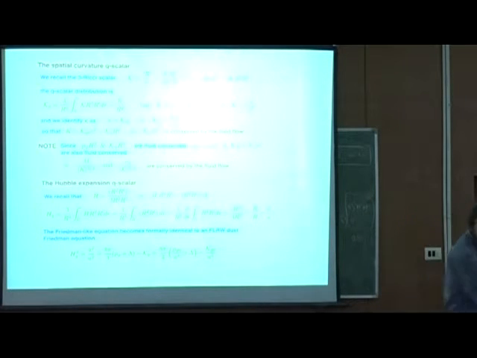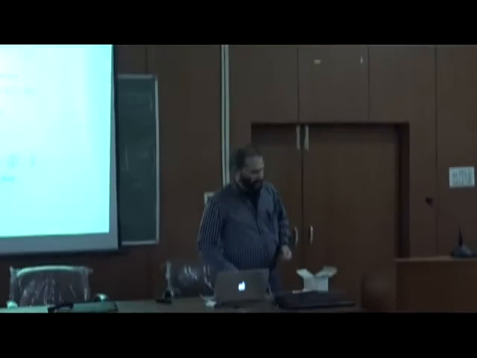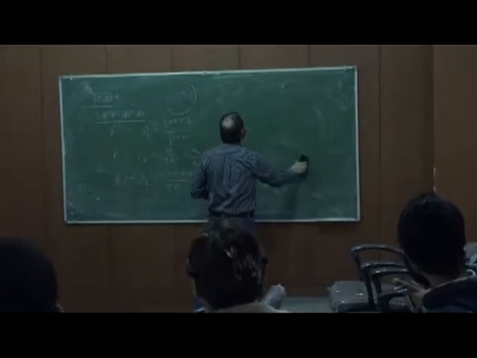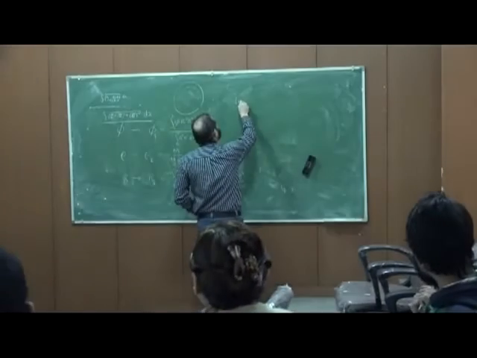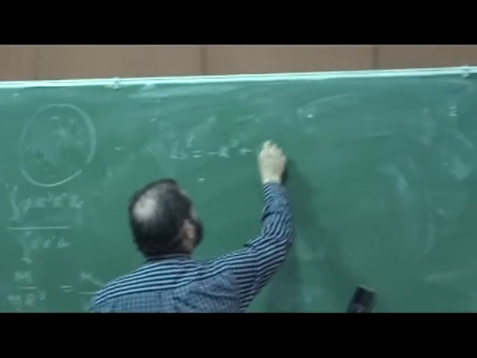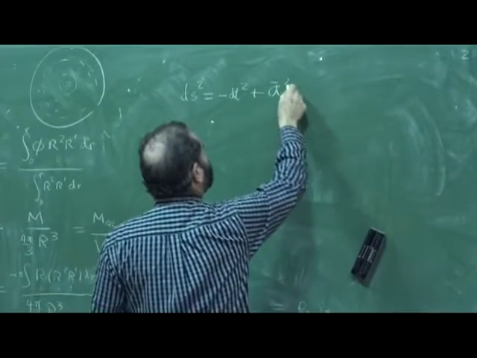Now, notice also something. Suppose we are in an FLRW model, I think that's another important thing to notice. Suppose it's a Friedman-Robertson-Walker model. So the metric is like this. This depends on time.